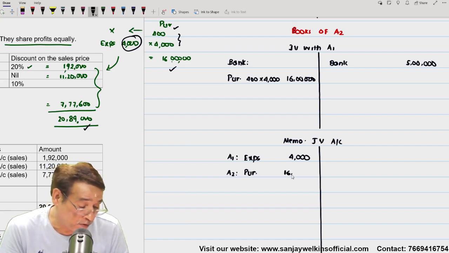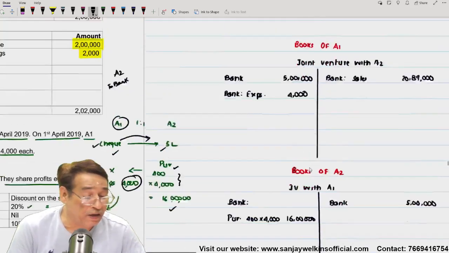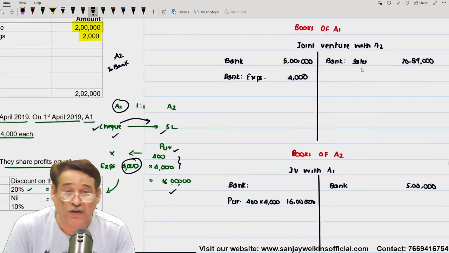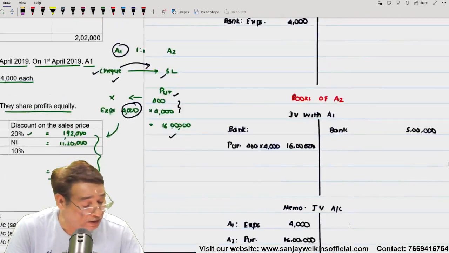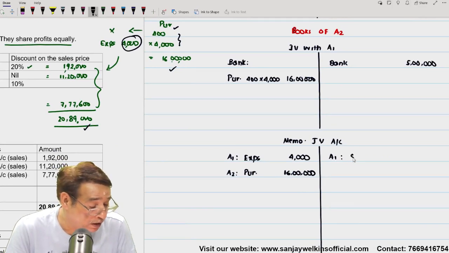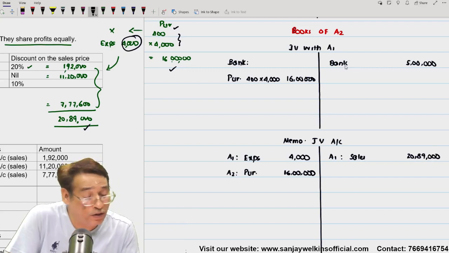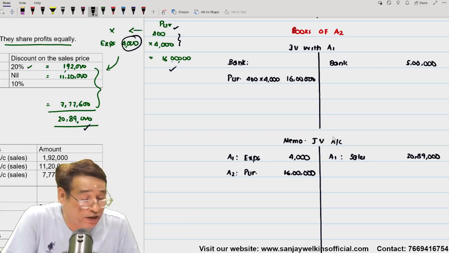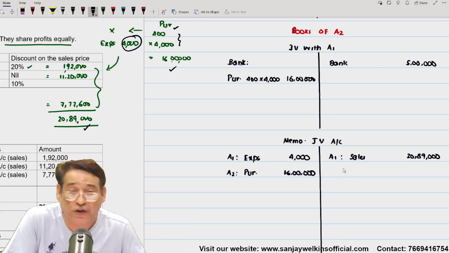Purchases is equal to 16 lakh. Then on the credit side, we have written in the books of A1, by bank, sales. So I will write here by A1, sales, 20 lakh 89,000. Now, as far as A2 is concerned, we have written here by bank, but it is an intercompany transaction. We are not going to write it.